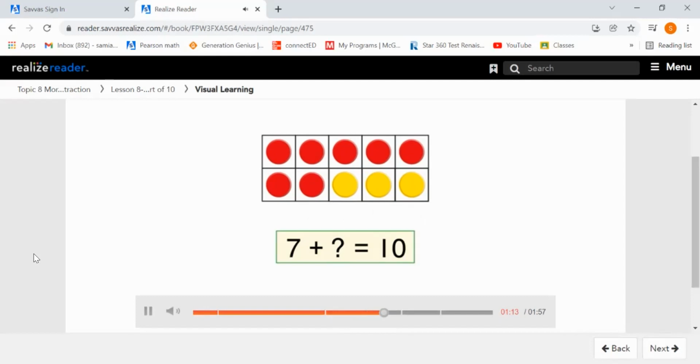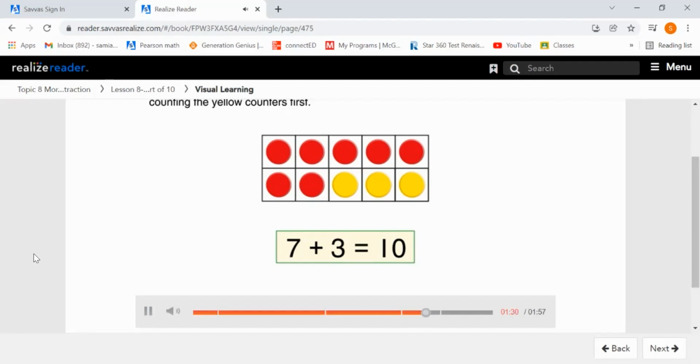There are 7 red counters. 3 yellow counters were needed to fill the 10 frame. What does the equation show? The equation shows that 7 red counters and 3 yellow counters make 10 counters in all.